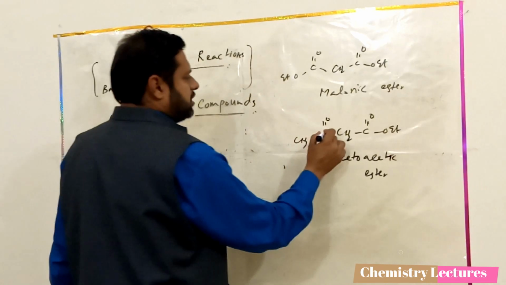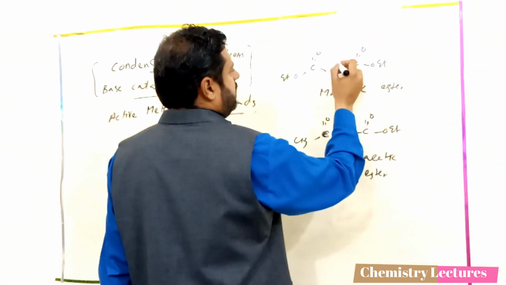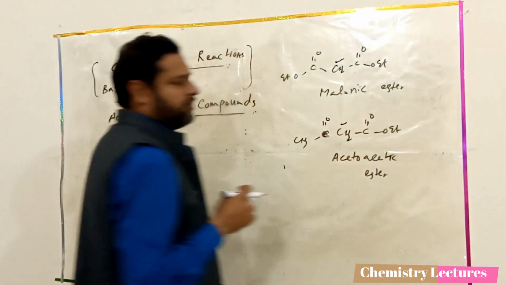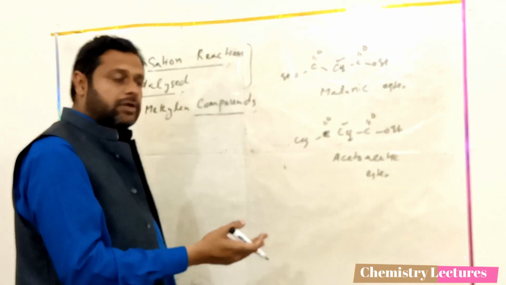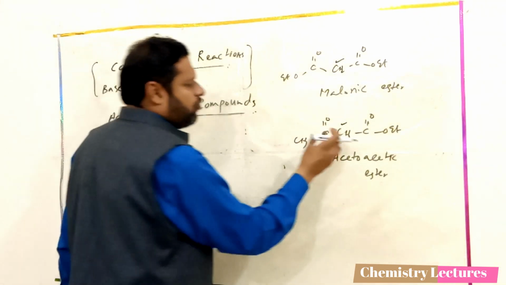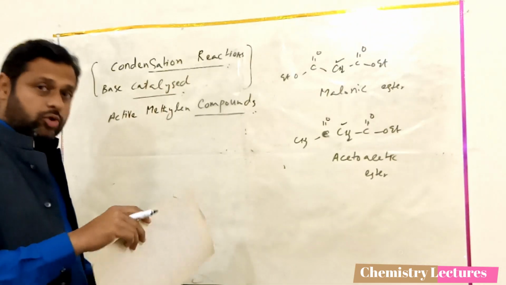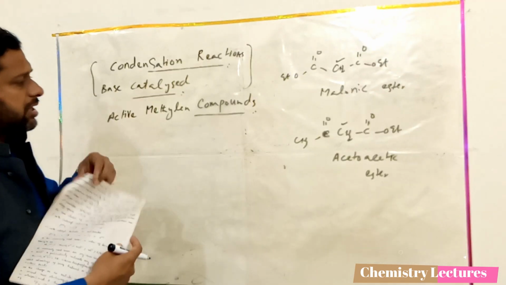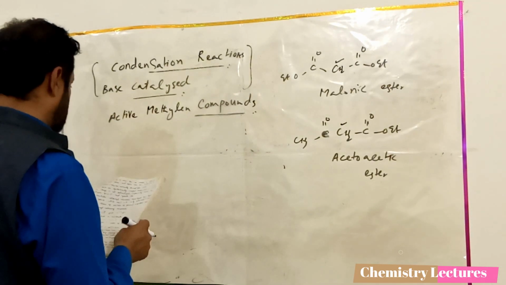These are examples of compounds in which the active methylene is activated with two electron withdrawing groups. This one is very strongly activated, so a very weak base can remove a proton from these methylene groups. So it is very easy to remove the proton from these two types of compounds.